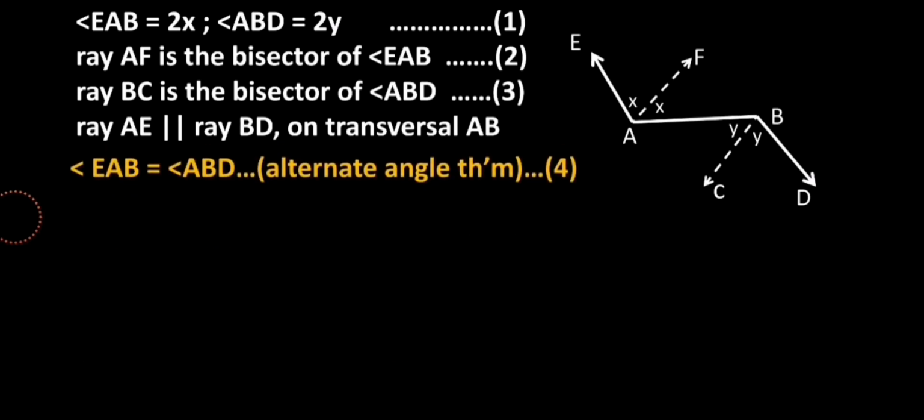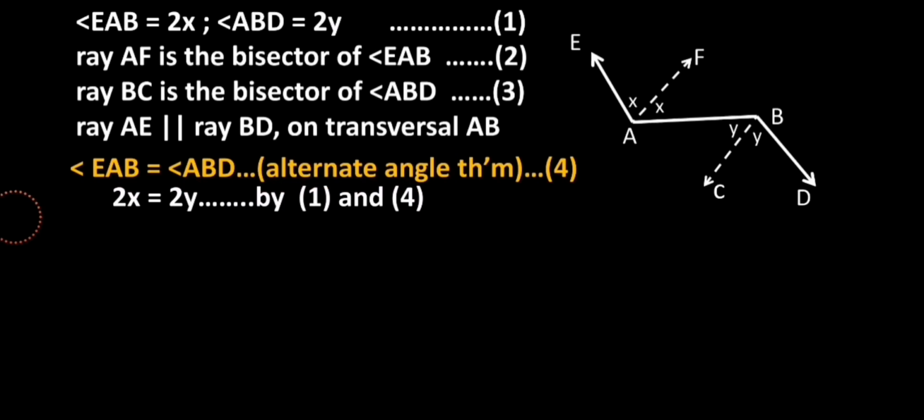We can say angle EAB is congruent to angle ABD because they are alternate angles, because we know the alternate angle theorem: if the lines are parallel, then alternate angles are congruent. And if EAB and ABD are congruent, then from 1 I can say 2x equal to 2y. From 1 the values are written, from 4 we say that they are congruent.